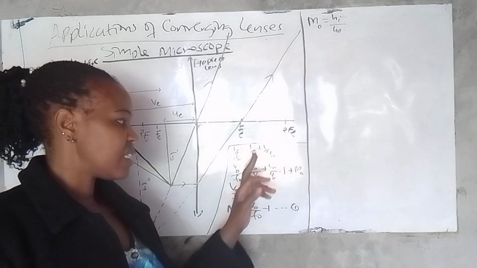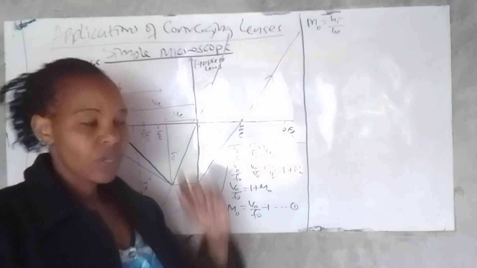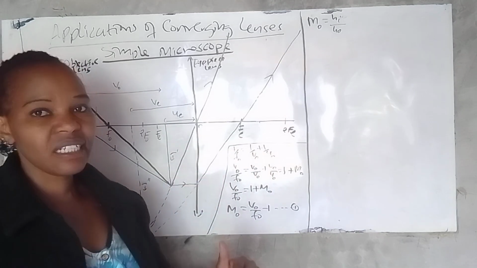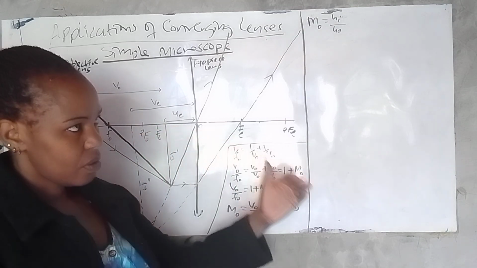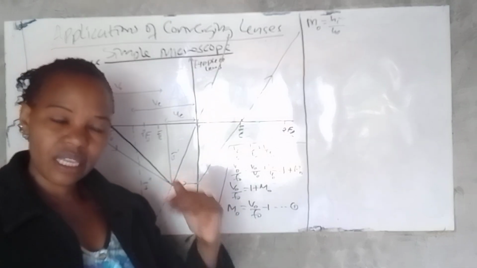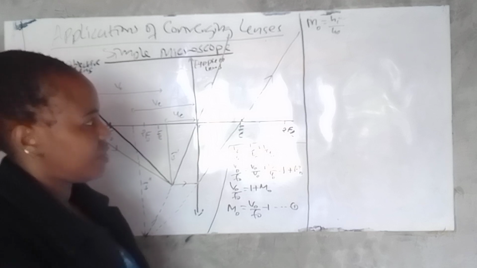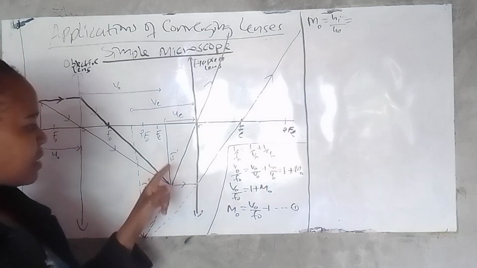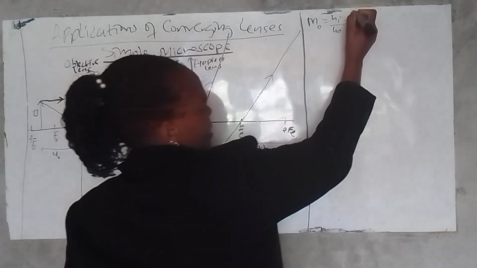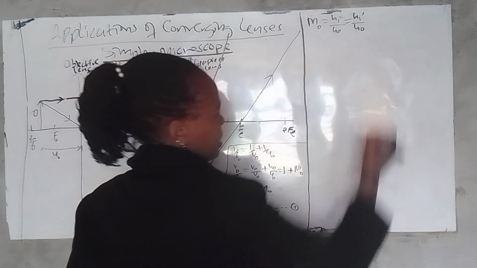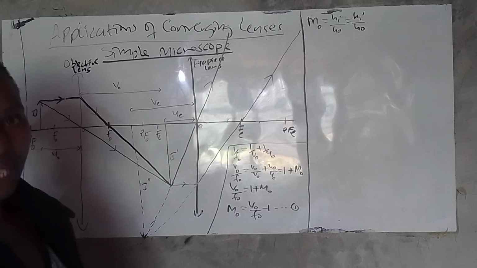Magnification is either image distance divided by object distance, or image height divided by object height. But our image, remember, image is I prime. So H I prime divided by H of object. This is our object.